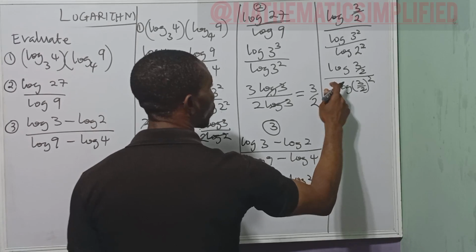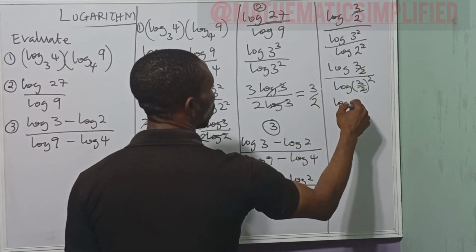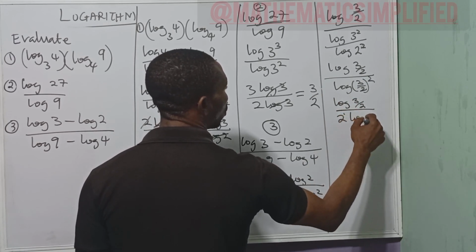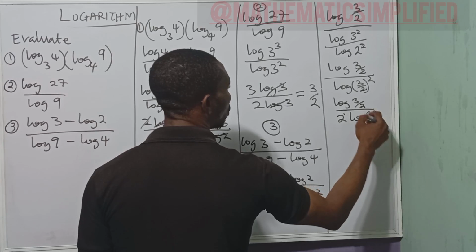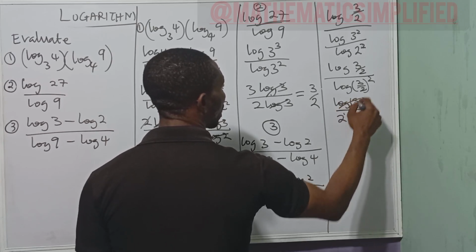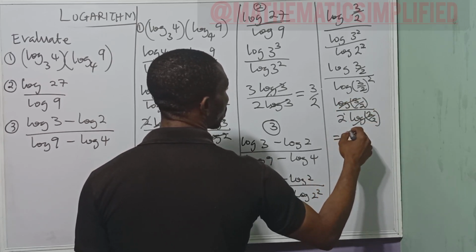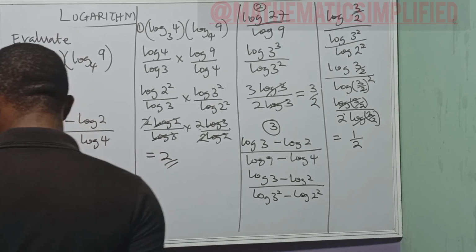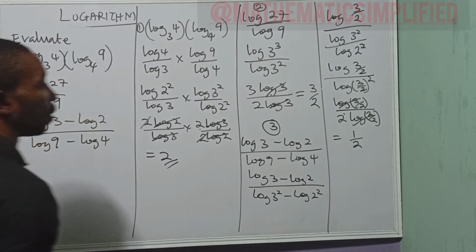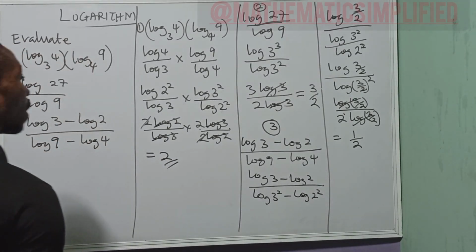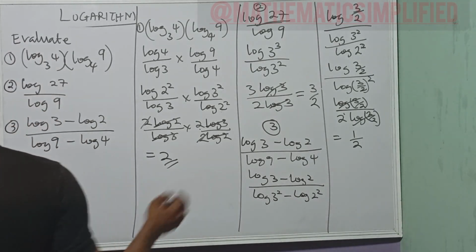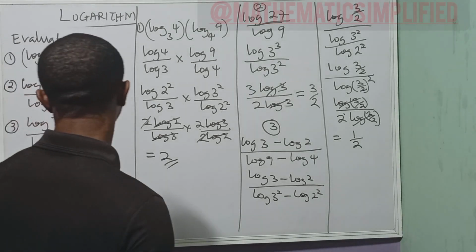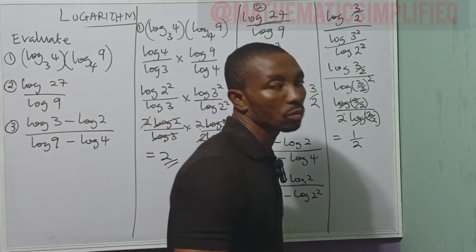Bringing our power down, this becomes log 3 over 2 all over 2 log 3 over 2. So this cancels out, leaving us with 1 over 2. We know that 1 over 2 can be rewritten as 2 raised to power minus 1, but we can still leave it in this form. So with this, we've solved our question.